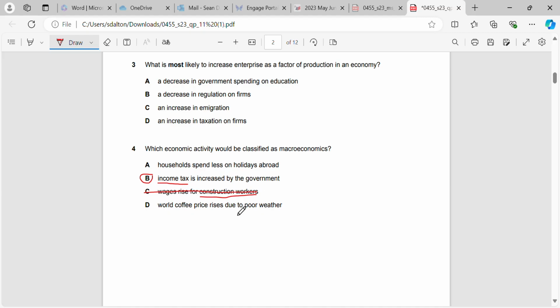World coffee prices rise due to poor weather. Again, that's only coffee, so it's an industry, it's not everybody. Everybody pays income tax who has a job though, so it's a macro effect. And households spend less on holiday abroad, that's also a micro topic, because again, it's only a specific industry, holidays abroad or tourism in this case.